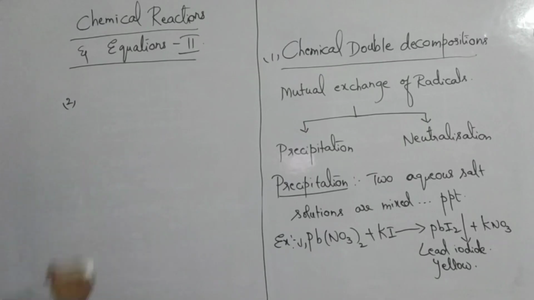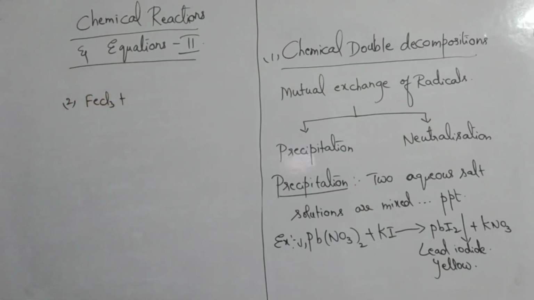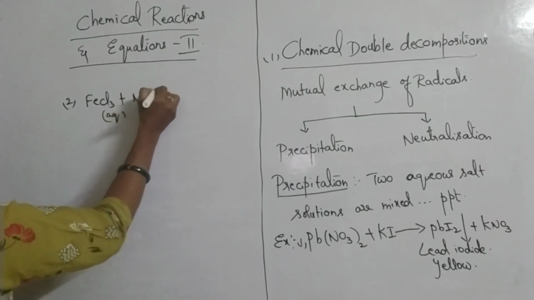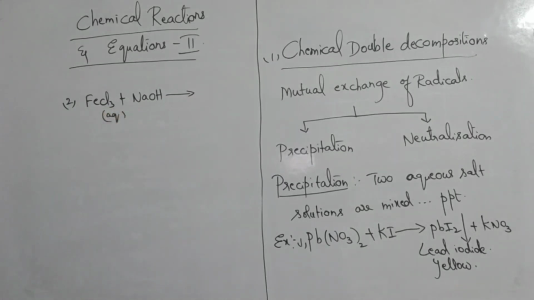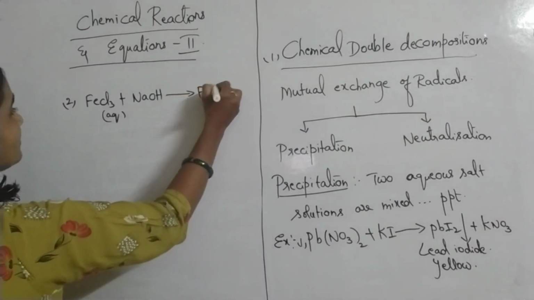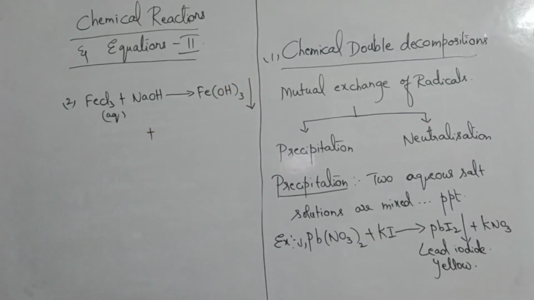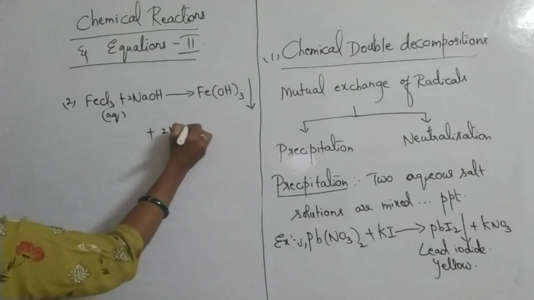Second example: here you will be asked about color changes, so you have to learn certain examples by heart. See here, FeCl3, ferric chloride. Aqueous solution of ferric chloride when it reacts with aqueous solution of NaOH, sodium hydroxide, you will get Fe(OH)3, which is the precipitate formed, plus 3 NaCl.